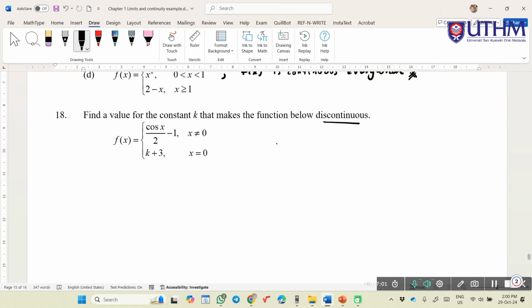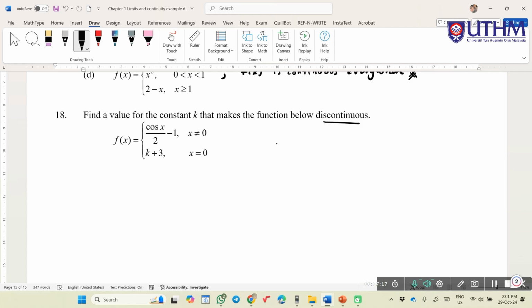But this time we need to find the one constant that makes the function discontinuous. This is just the same.